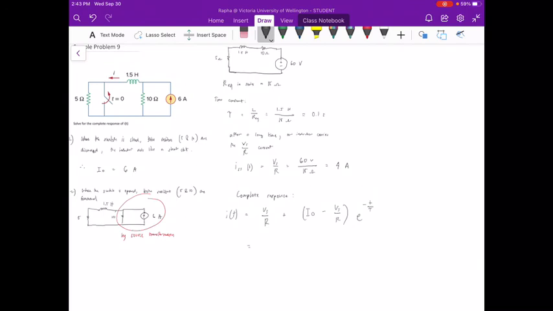Then we have Vs over R equal to 4, plus our I0, which is 6 amperes, minus Vs over R again, which is 4, multiplied by e to the negative t over 0.1 seconds. So our i(t), our final formula for our current at any point in time, is equal to 4 plus 2e^(-10t) amperes. So that is our final answer.